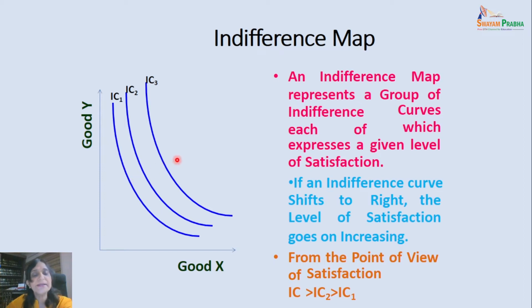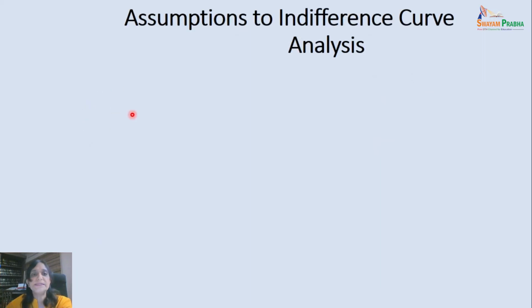So a higher indifference curve means a higher level of satisfaction. Therefore, IC3 will give greater satisfaction than IC2, and IC2 will give greater satisfaction than IC1. So an indifference map gives you a group of indifference curves showing different levels of satisfaction.